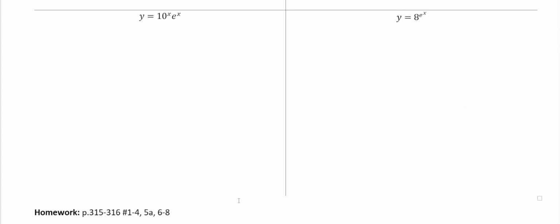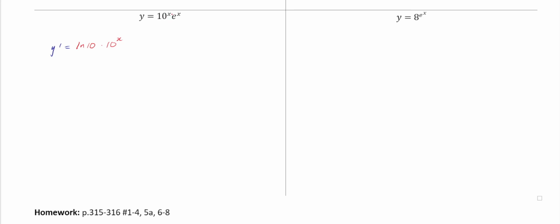Moving down to this example right here, this just simply involves using the product rule. So I'll find the derivative of the first, and usually when I've been doing product rule, I've been color coding it. So the derivative of the first is just natural logarithm of 10 times, again, the exponential function again.